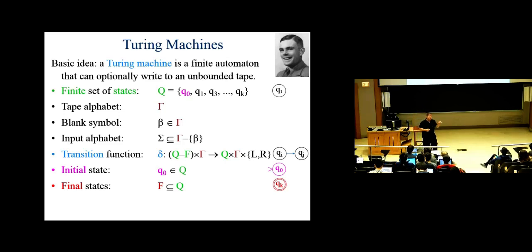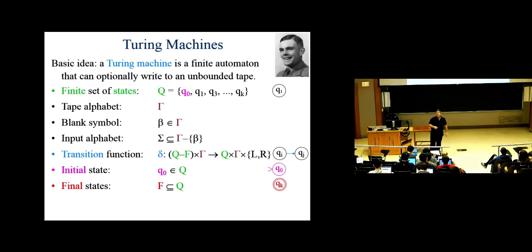So as you transition, you go left or right, but that, all together, is one whole step of the computation. You change a state, go left or right, and overwrite the character that you just pointed to. That's one phase or transition of the computation, one more step forward. So this is just a technicality.